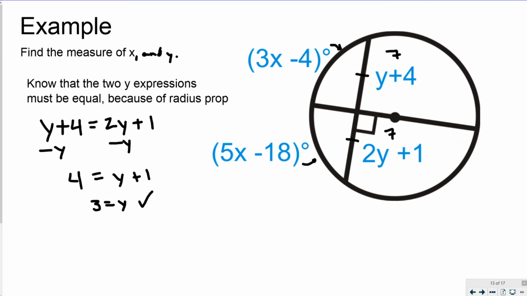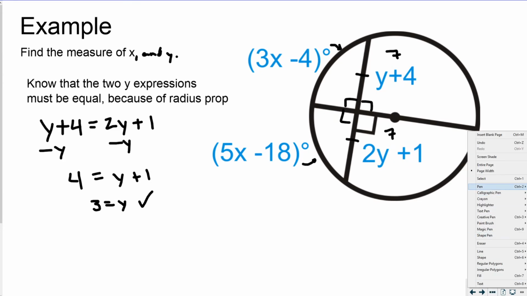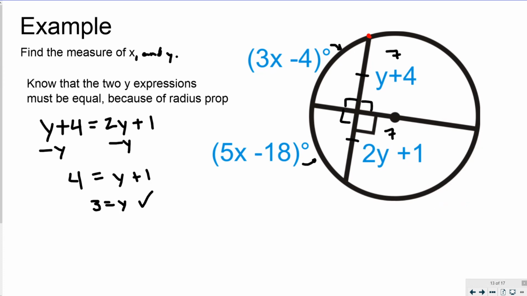The next thing that I'm going to want to do is, if these two segments here are congruent, remember this makes 90-degree angles here, here, and here as well. It means that from this point on the circle, so I'm actually going to need to switch colors, so go to pen, from this point here to this point here, this and this segment would have to be congruent.